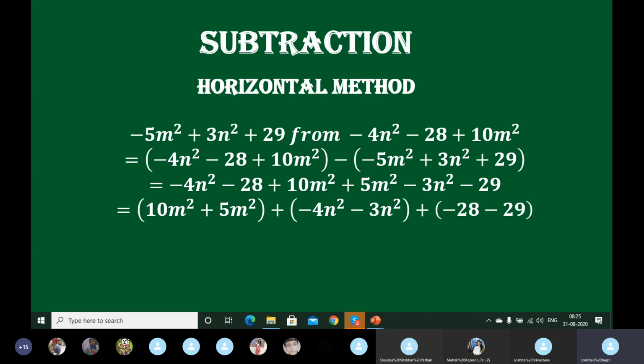Everything I have done, you have to just add the like terms. 15m square. Okay. Second one. Ma'am, minus 7n square. Okay. Third one.